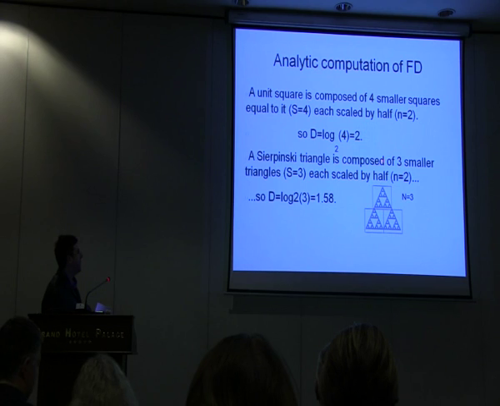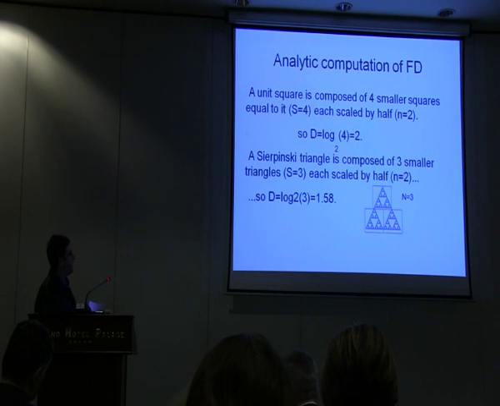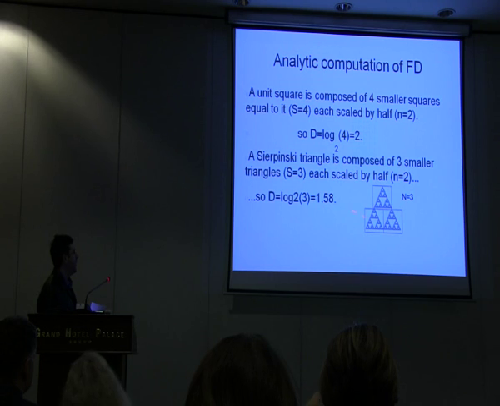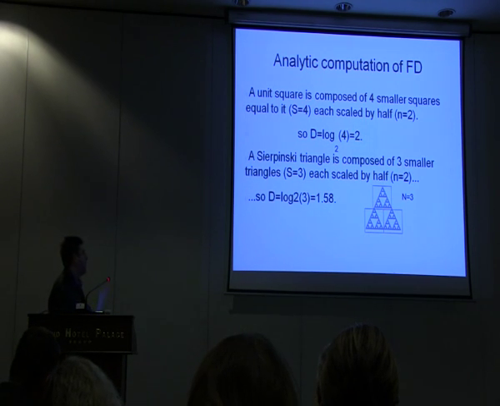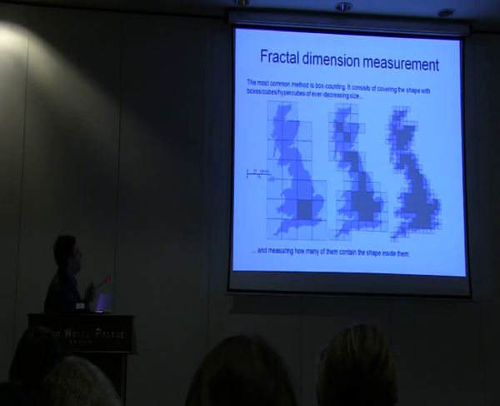For instance, a Sierpinski triangle is composed of 3 different triangles, each of which is identical to each other and is equal to the original triangle scaled by half. By using the logarithm function we mentioned previously, we can see that this fractal dimension is about equal to 1.6.